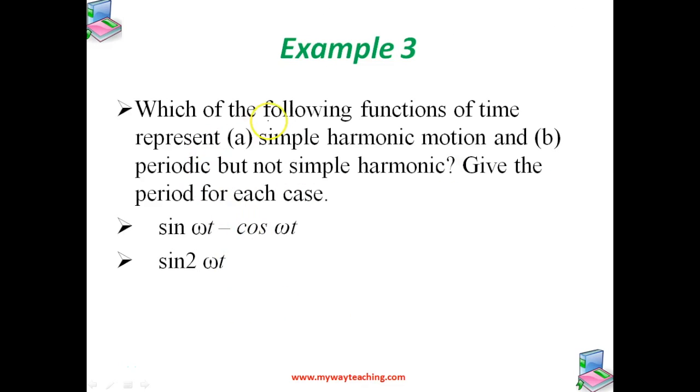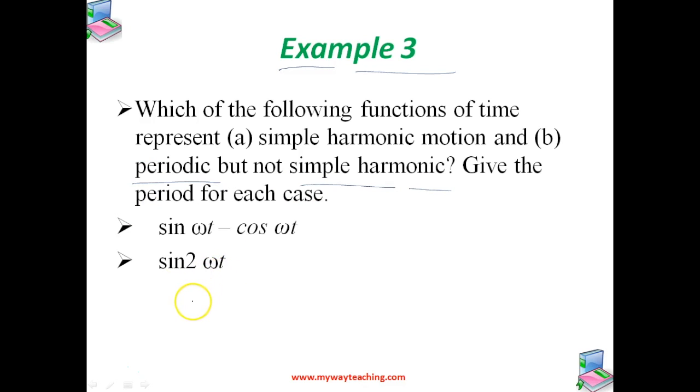In this part, let us solve another simple example, that is example 3. The question is, which of the following functions of time represent, the first one is simple harmonic motion and the second one is periodic but not simple harmonic.